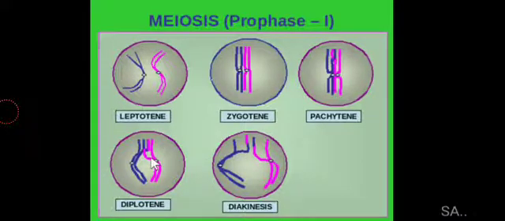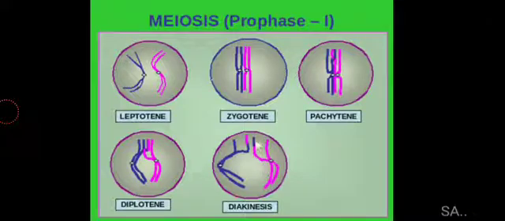You can see easily that these bivalents are attached here, but in diakinesis they have separated, right? So this results in crossing over, and these homologous chromosomes are now no more the same. They have shown some recombination at this point.